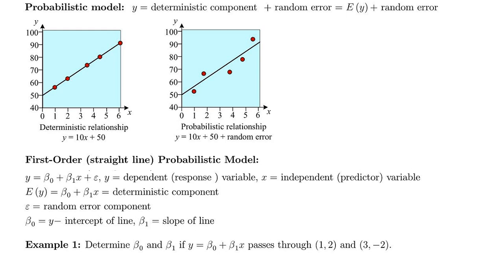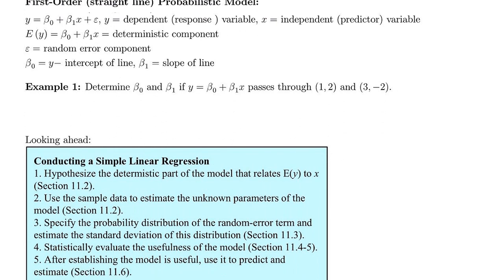So let's look at an example here, a little bit of review. Let's determine beta 0 and beta 1, our slope and y-intercept, if y equals beta 0 plus beta 1x passes through the points 1, 2, and 3, negative 2. So remember what you do here is you label your two ordered pairs here, x1, y1 and x2, y2, and then remember that your slope is y2 minus y1 over x2 minus x1.